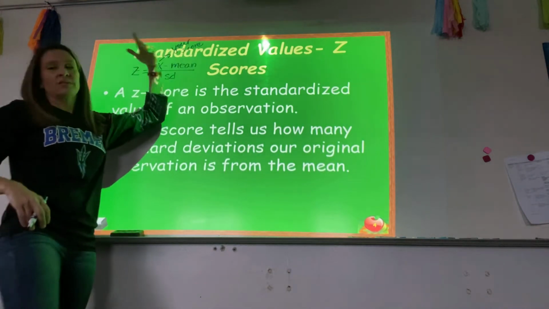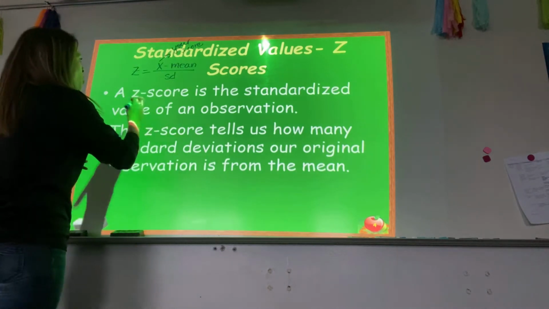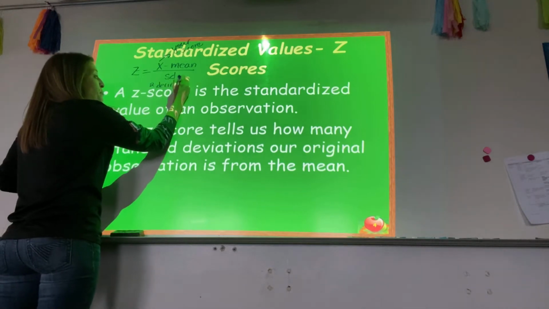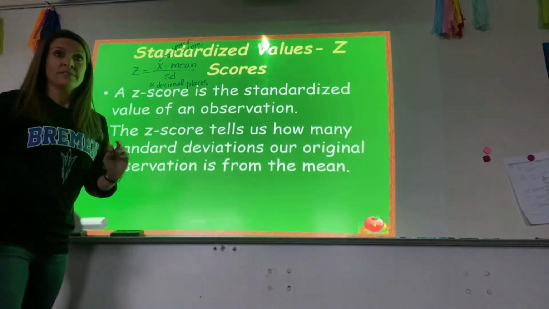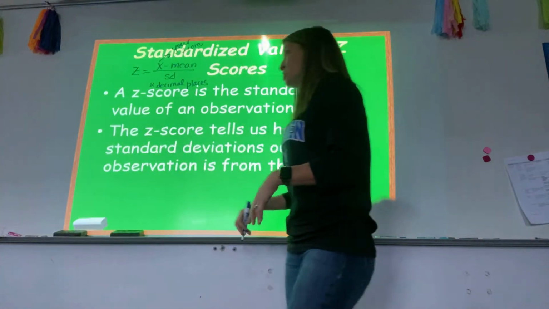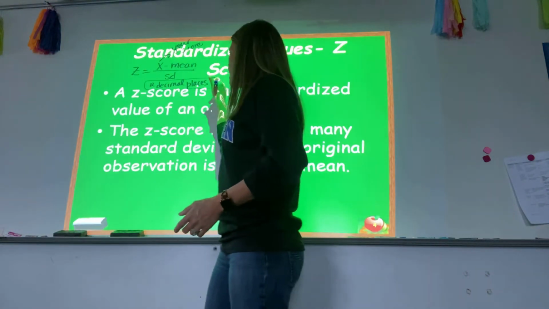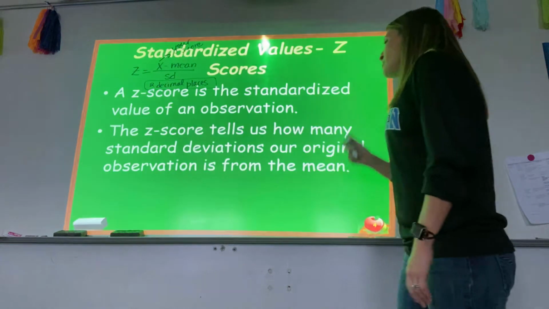Your mean, they'll give to you. Your standard deviation, they'll give to you. Your z-score always needs to be rounded to 2 decimal places because your table A in the purple packet is to 2 decimal places. We're not truncating. You will round up or down. Go to the 3rd digit and round up or down. And that is our z-score.